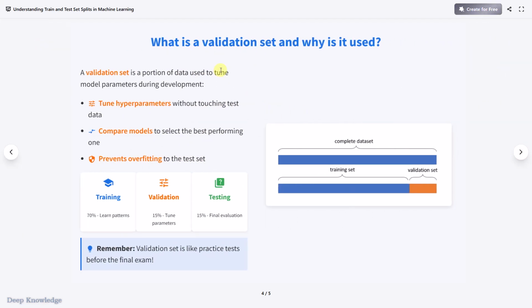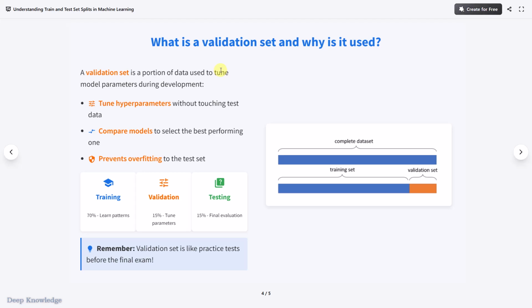And the question here is why we need a validation set and why it's used. A validation set is a portion of data used to tune model parameters during development. If you are familiar with CNNs and deep learning, in the beginning we have forward propagation. Now, for the backpropagation, we need to update the parameters.